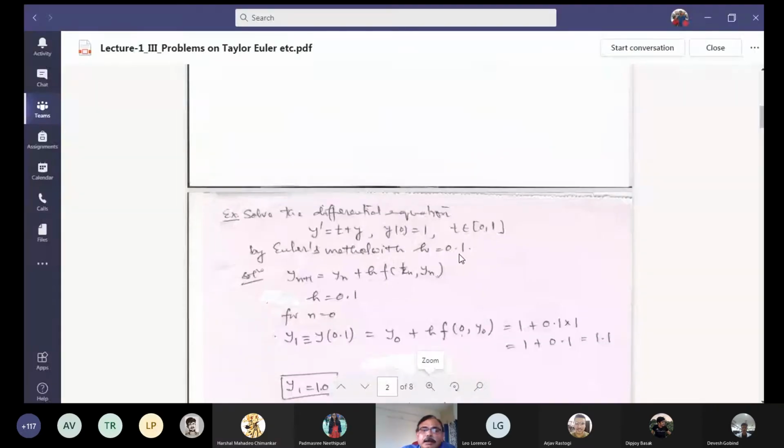First, I am taking a very simple example, and then I will move to the non-linear case. I am taking a very simple linear case so that you can calculate even by hand.